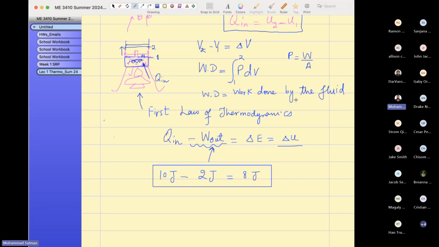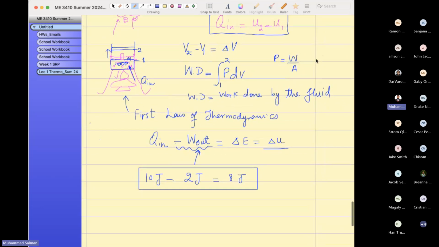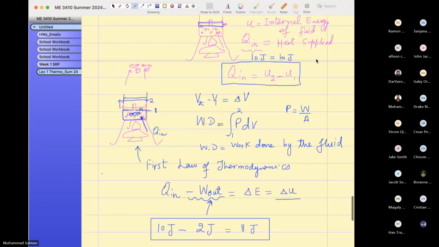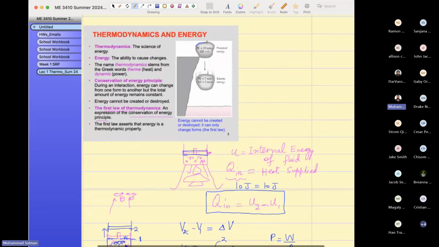In the fixed case, if I write down the quantitative values, heat supplied is 10 joules, and all of the energy is used to increase the kinetic energy of the molecules. This is the first law of thermodynamics. And look, in this example, the energy is conserved.